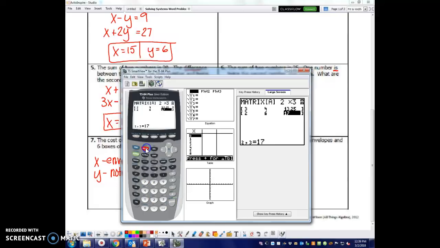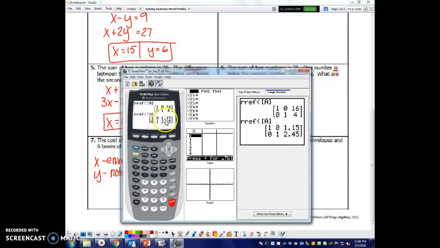Now quit. Go back into matrix. Over to edit. Oh, not edit, sorry. Back into matrix, over to math, RREF. Back into matrix of A.